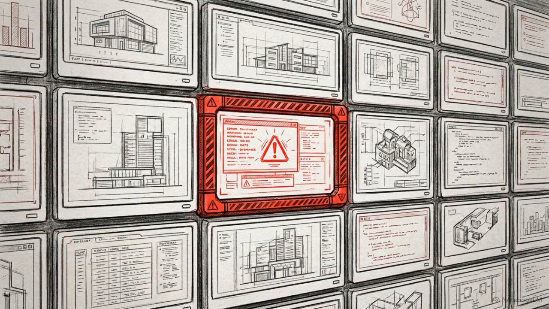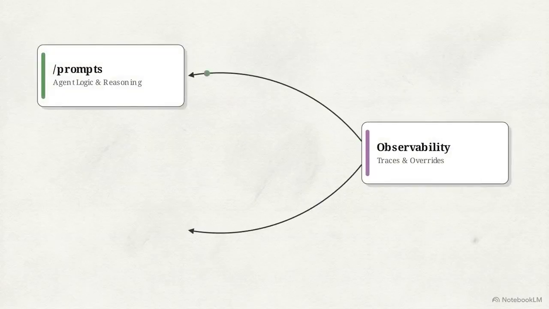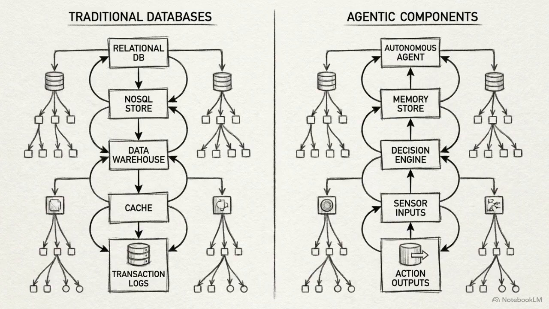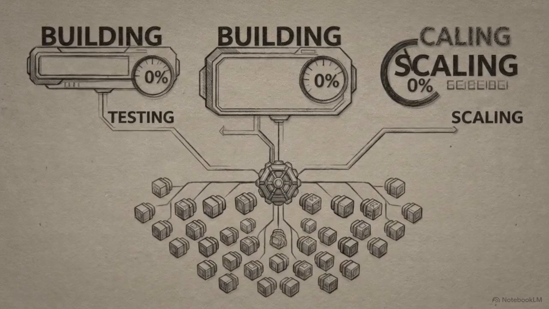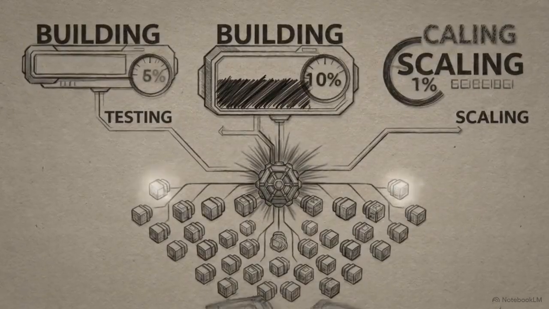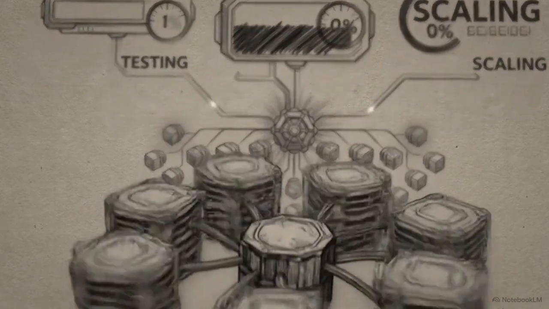In production, any failures or user overrides are captured by the observability layer and fed back into the prompt updates and evaluation datasets, driving continuous learning. Success in agentic AI follows the same path as traditional software development, building deep memory layers and modular tooling to transform a reasoning model into a resilient system.